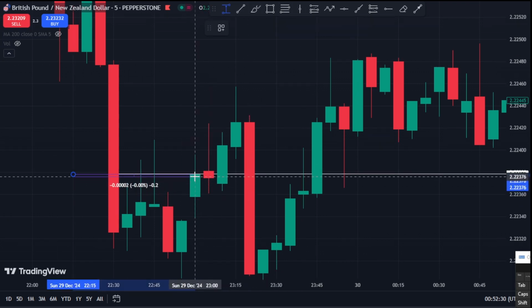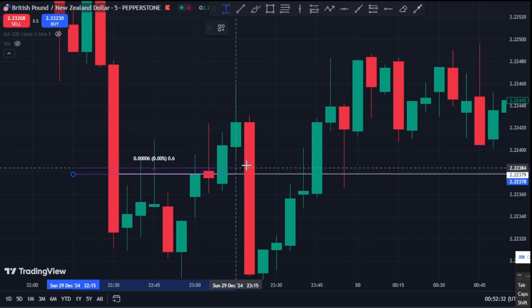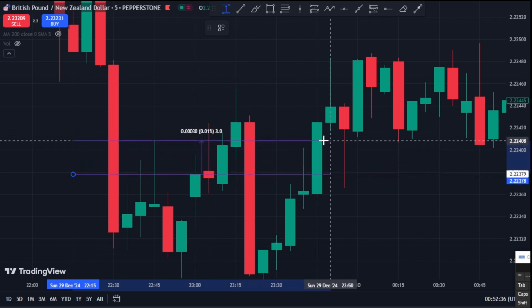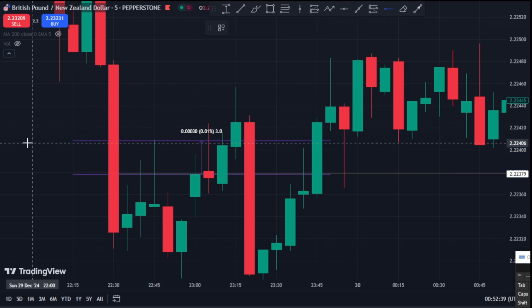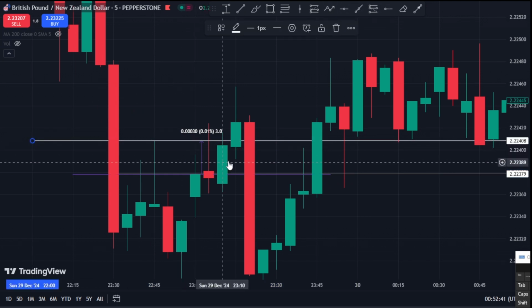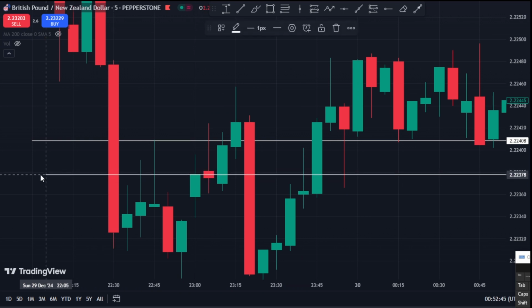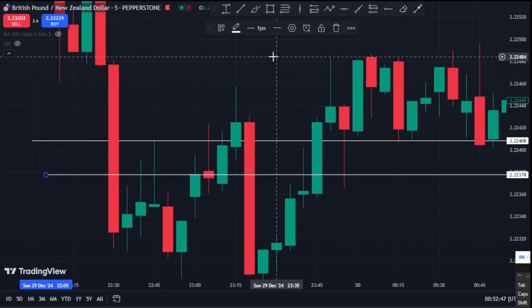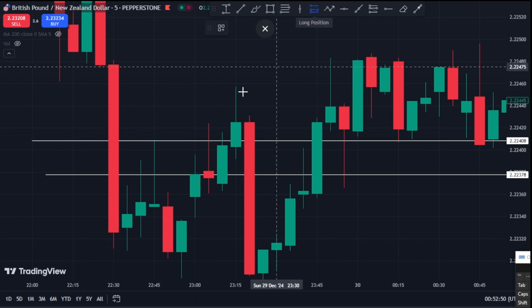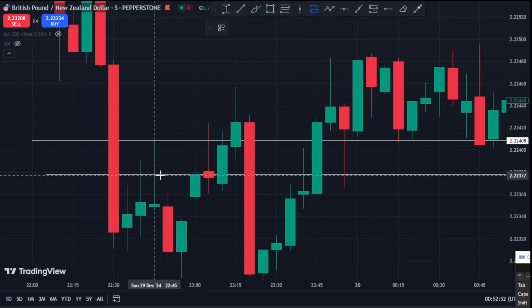You press your buy button right there, but you get activated right there. So this is one effect of not looking at spreads when you're trading, and I know this has happened to a lot of us, and it sucks.